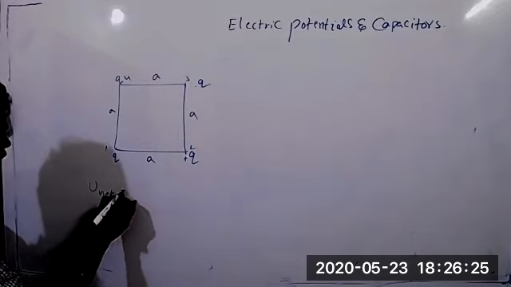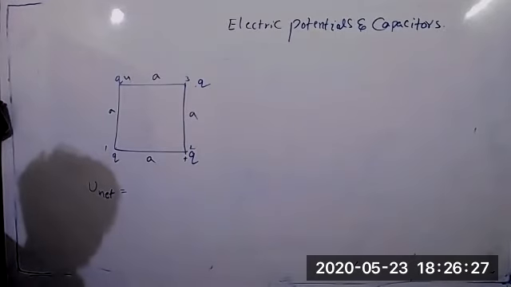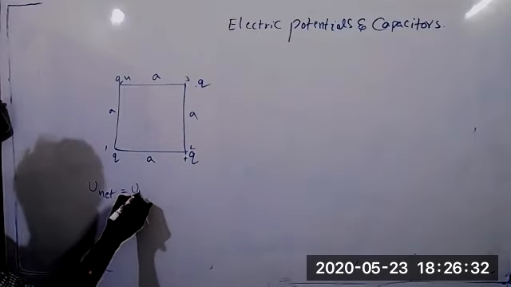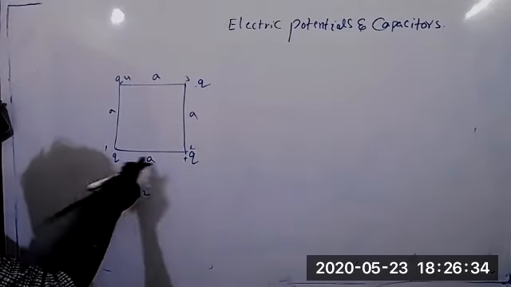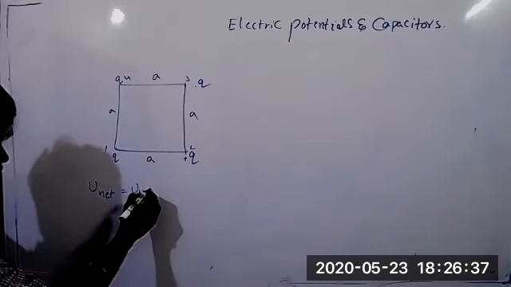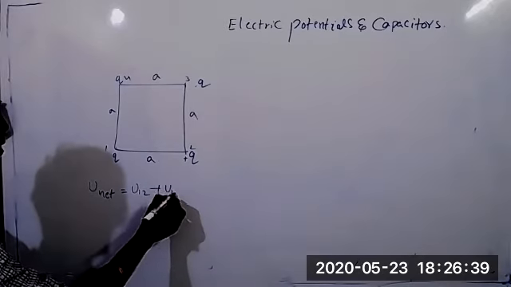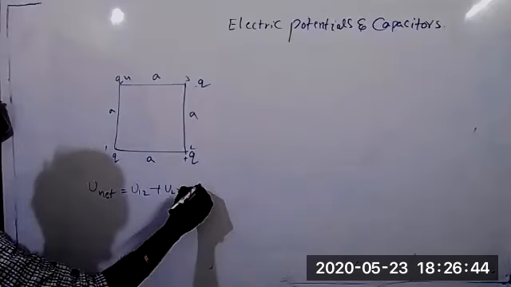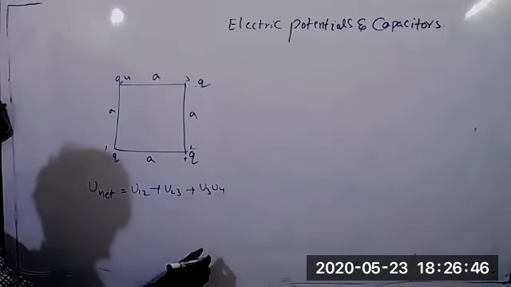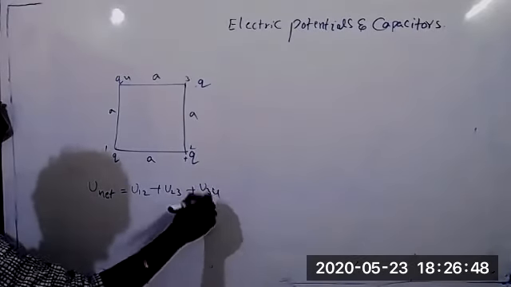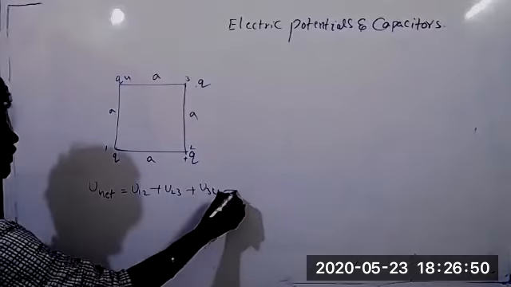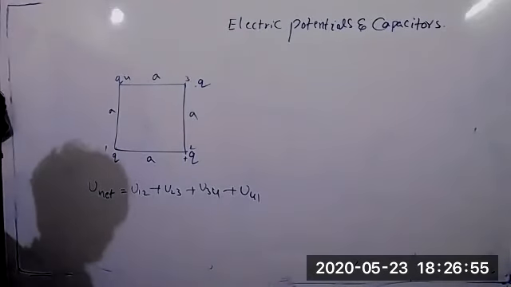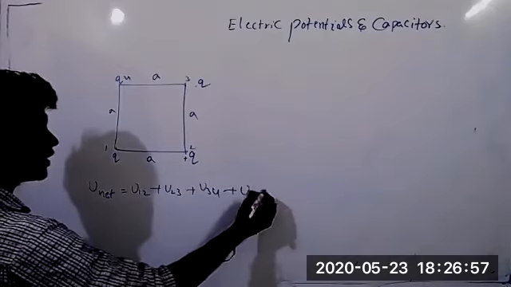U net equal to U12 plus U23 plus U34 plus U41, potential energy between these two charges, and so on.